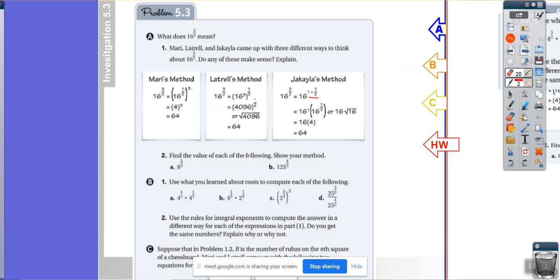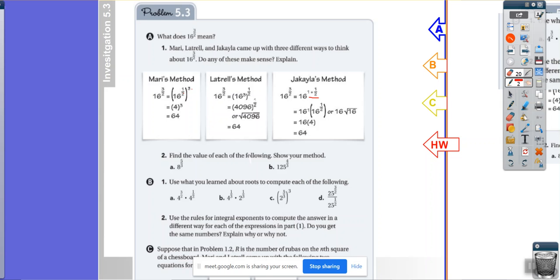Okay. So which method did you find the most easy to understand? Marie, Luttrell, or Jacayla? Can you say it a little bit louder? Okay, so you like Luttrell's method better.